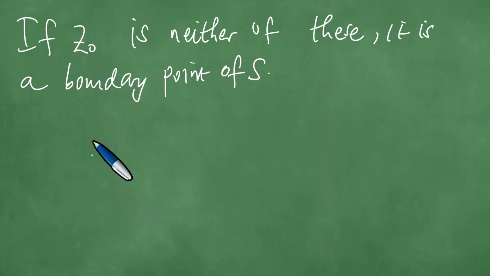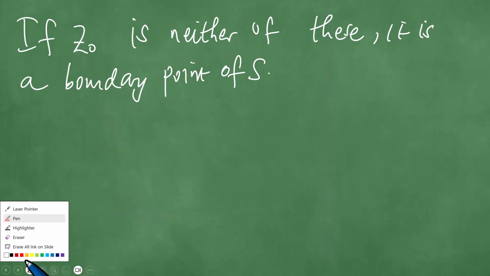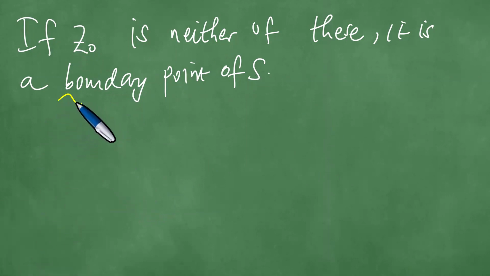It is then potentially what we call a boundary point. So it's on the boundary. And let us discuss this a little bit.